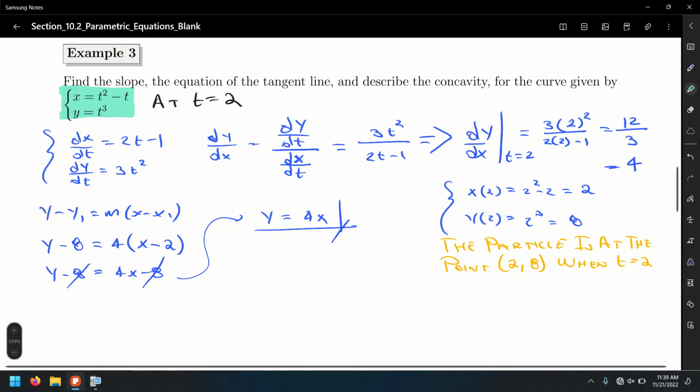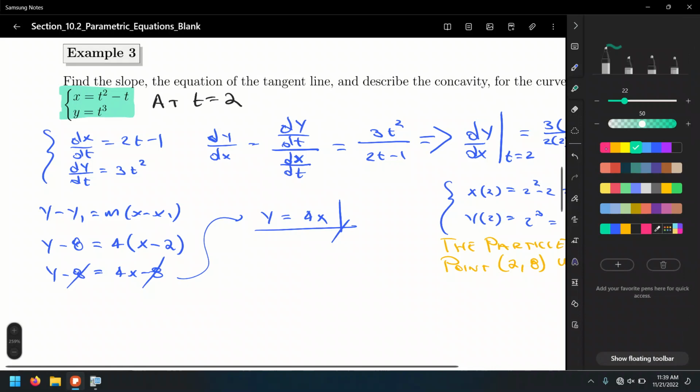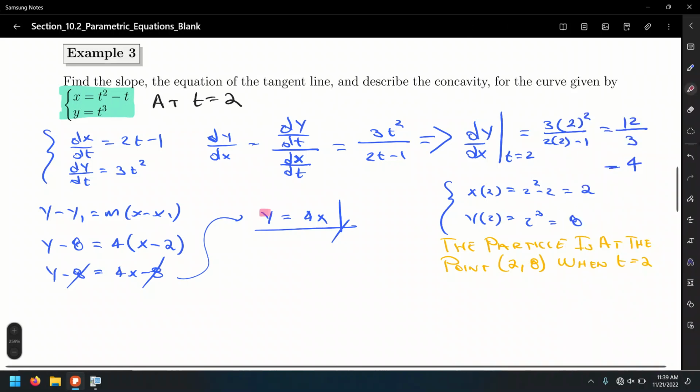However, the equation of the tangent line right here is not in parametric form, unfortunately. It's actually in rectangular form. So the issue is that you would have to graph the parametric equations in one mode and the linear equation in another mode, but you wouldn't be able to see both equations in the same plane.